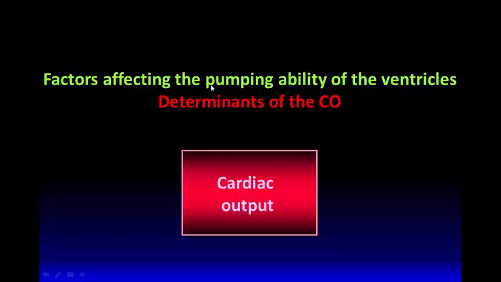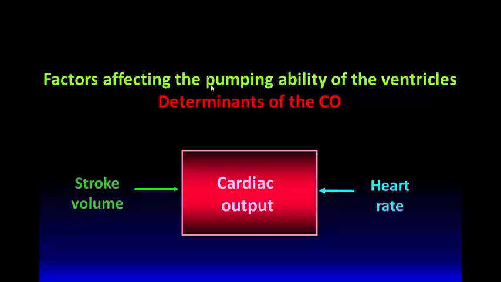So the factors which affect the cardiac output, as we mentioned in the previous slides, are two important major factors. Number one, the stroke volume, and number two, the heart rate, because the cardiac output is equivalent to the stroke volume times the heart rate.